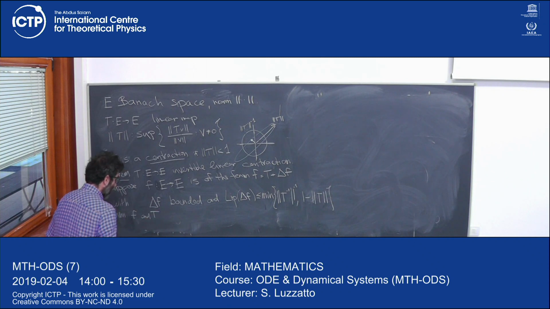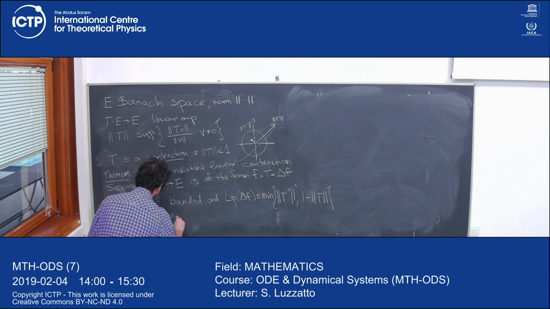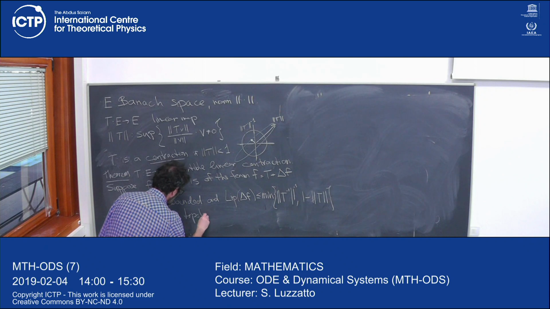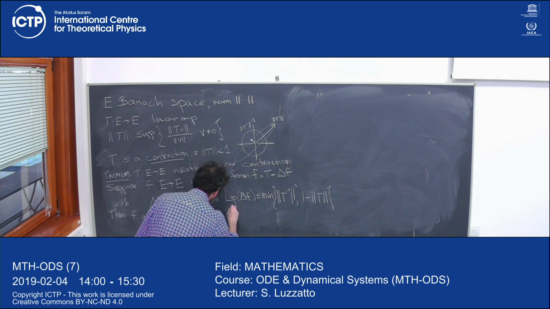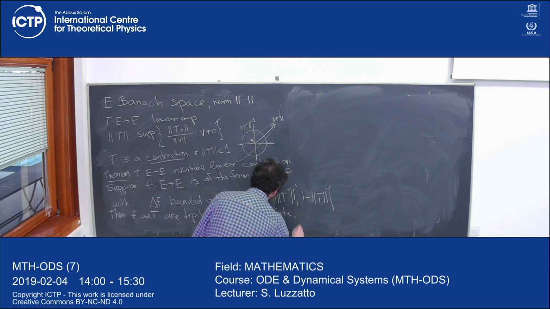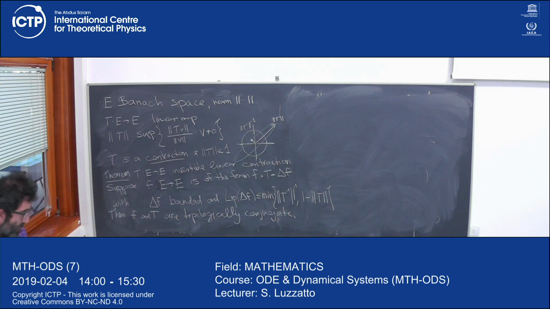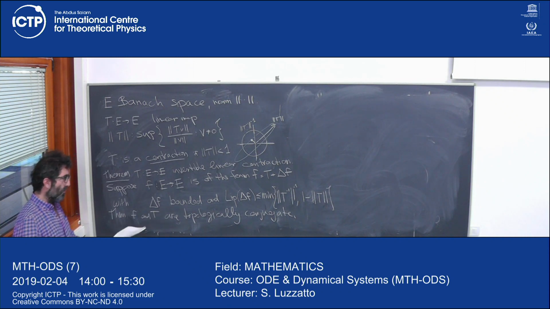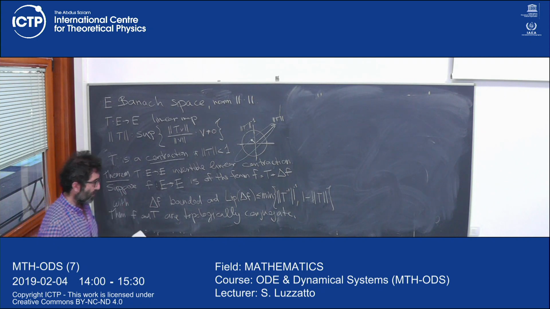So then F and T are topologically conjugate. In fact, we have a little bit additional information about the conjugacy. Remember, F and T are topologically conjugate. Conjugate means there's a homeomorphism between the two.